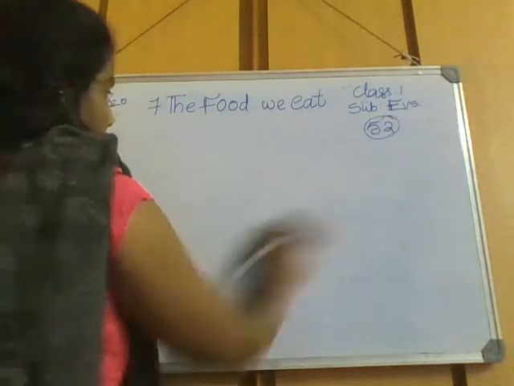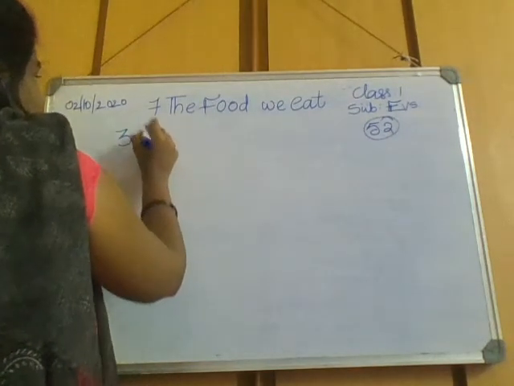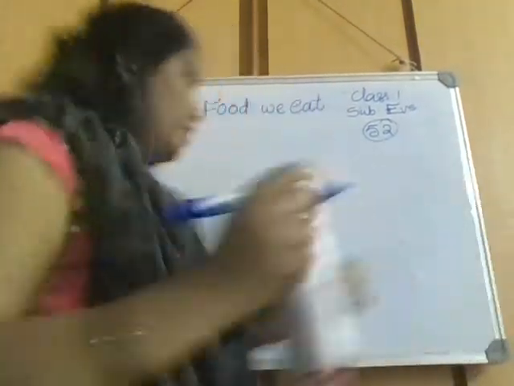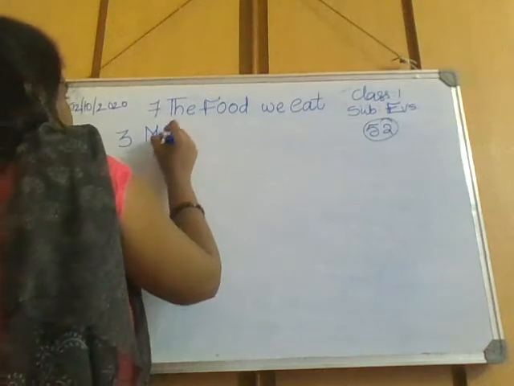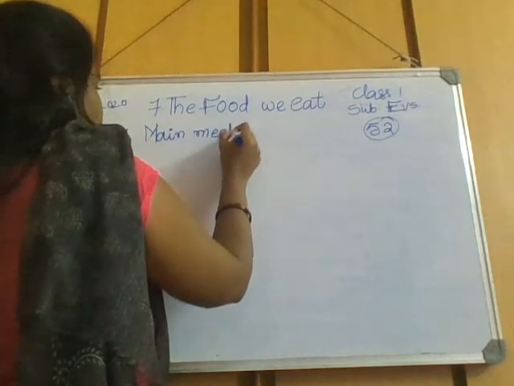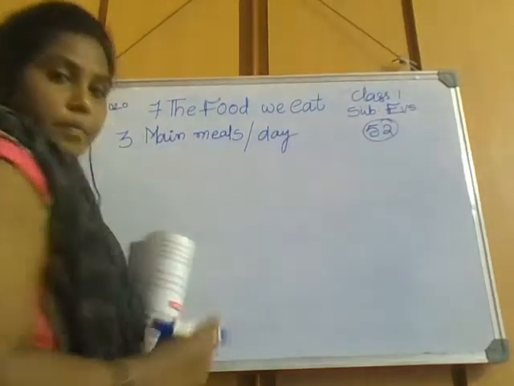In a day we will take 3 main meals. How many main meals? We will take in a day 3 main meals. Okay, let us see what the 3 main meals per day are.